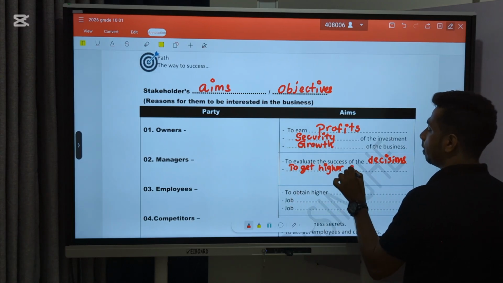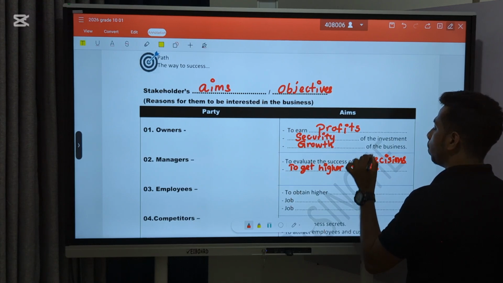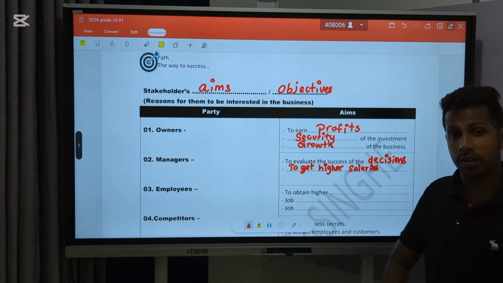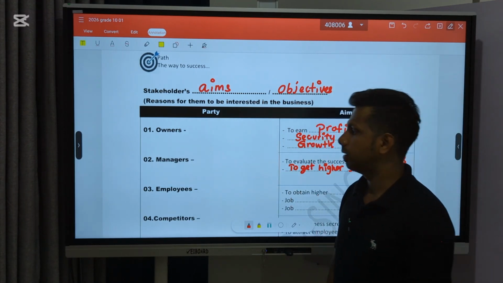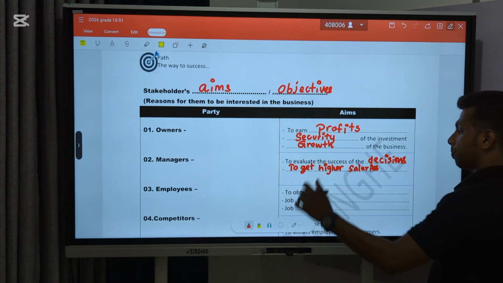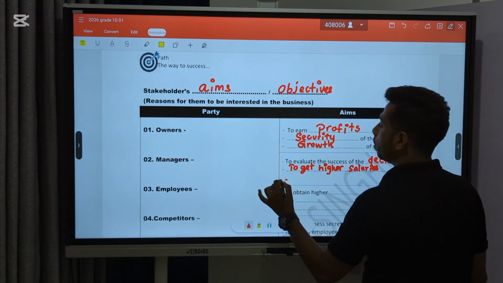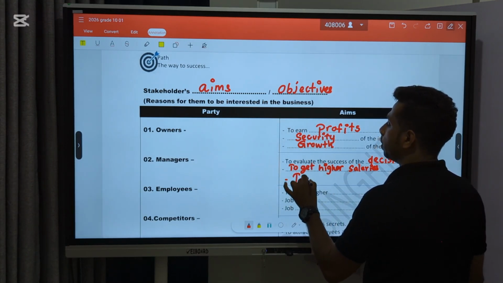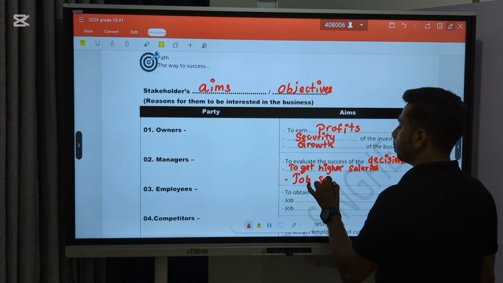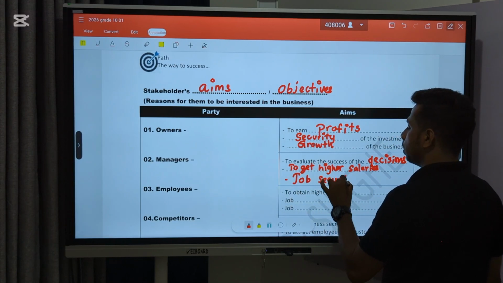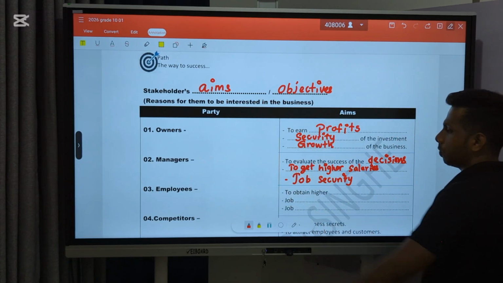Can be promotions as well, fringe benefits, various other compensation benefits, and job security also. If you want, you can take another one, job security. Job security also another reason, my dear children, to have an interest.